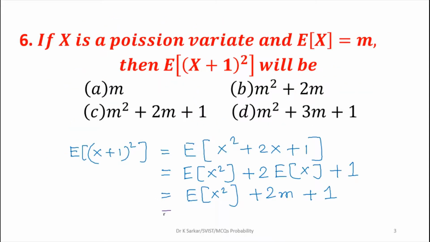So this becomes m square plus m plus 2m plus 1, and this is m square plus 3m plus 1. So option D is the correct answer.